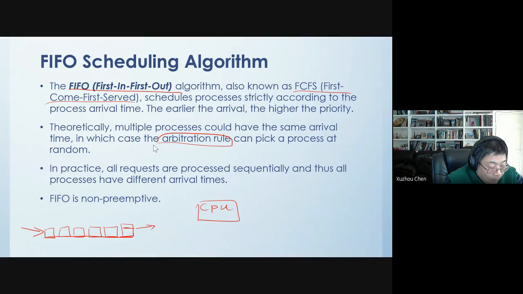FIFO is a very simple algorithm, and it is typically non-preemptive. That means if a process is currently in the CPU, unless it finishes the job or quits, other processes have to wait. So FIFO is non-preemptive.